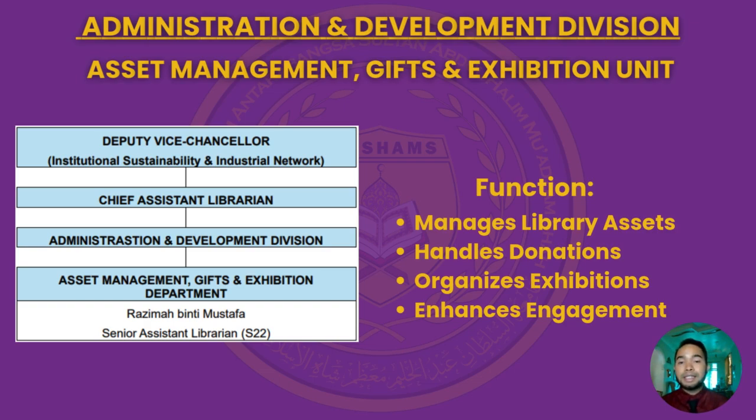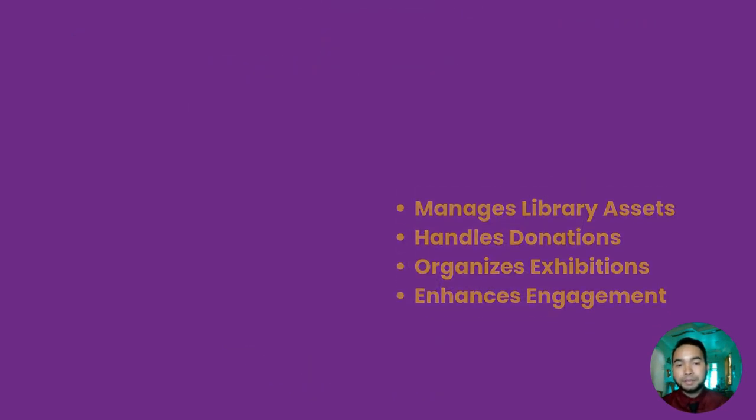They also organize exhibitions that showcase special collections of student and faculty works. These exhibitions might highlight research, important events, or themes related to the university. This department helps raise awareness of the library resources and brings the UniSHAM community together through these educational displays.